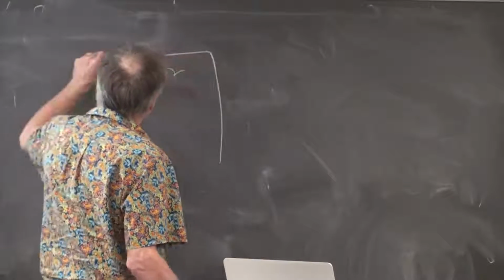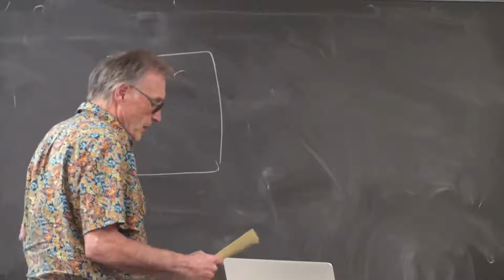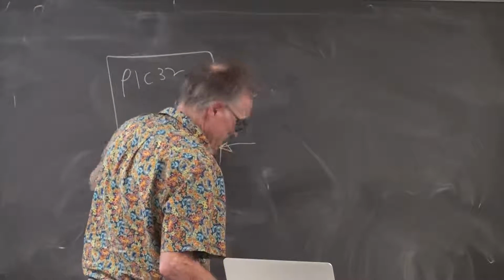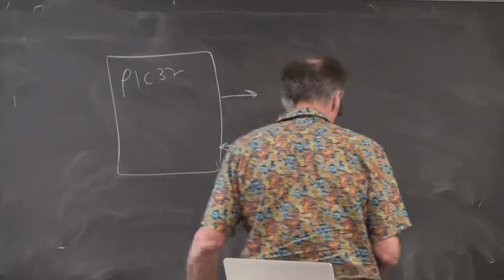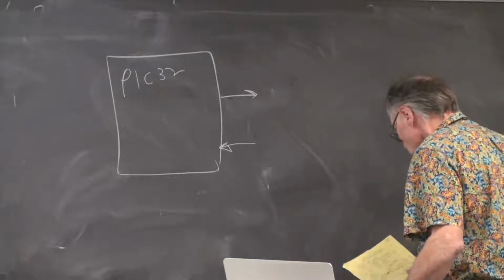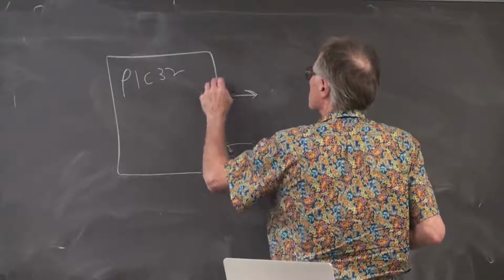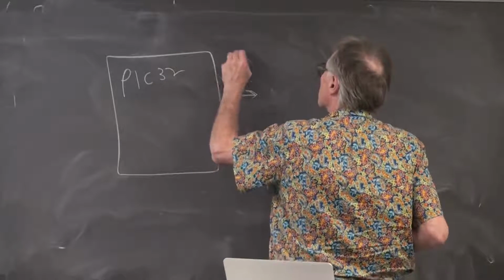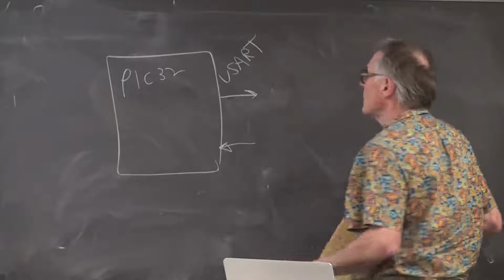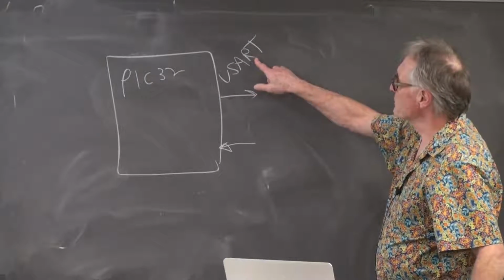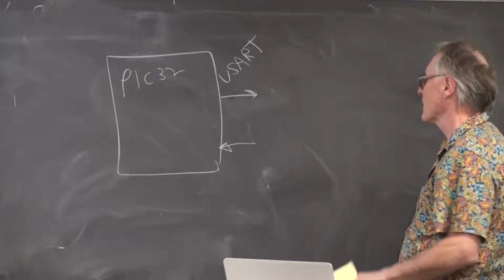So the PIC32 is going to use 2 pins to communicate with the outside world through a device called a USART, a universal asynchronous receive transmit.